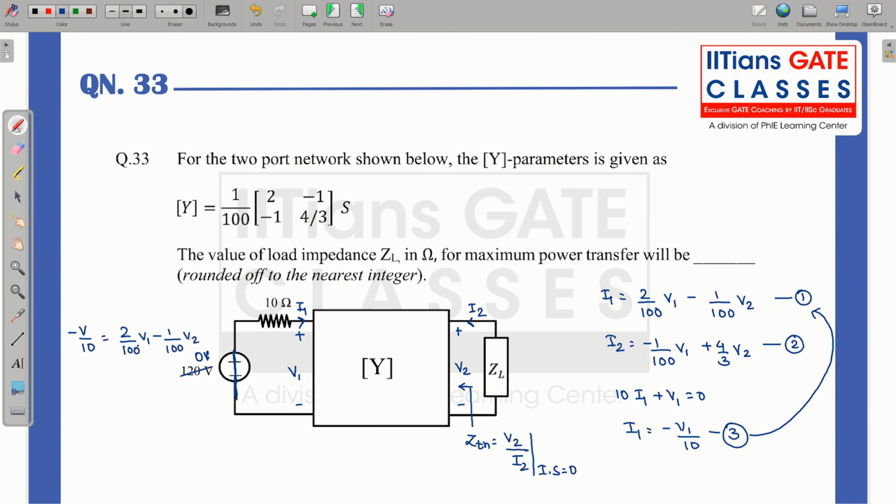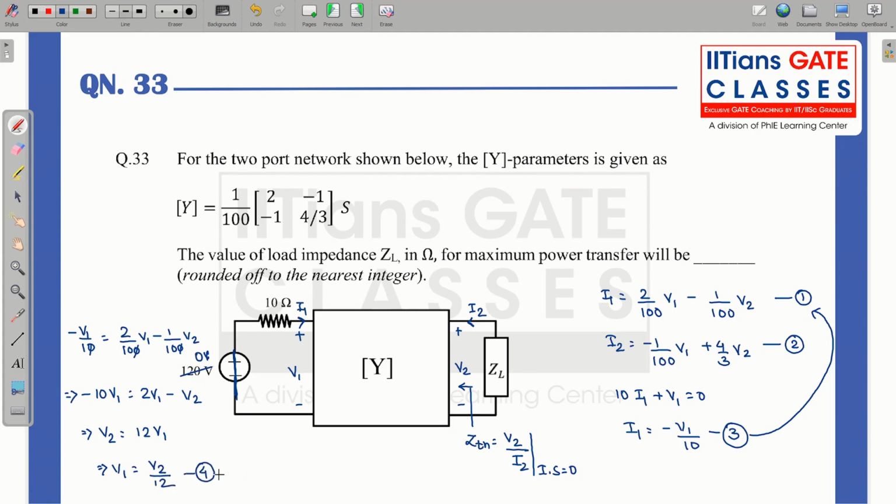So let us solve this. So 100 will get cancelled. So this will be minus 10 V1 is equal to 2 V1 minus V2. So V2 is equal to 12 V1. So V1 is equal to V2 by 12.